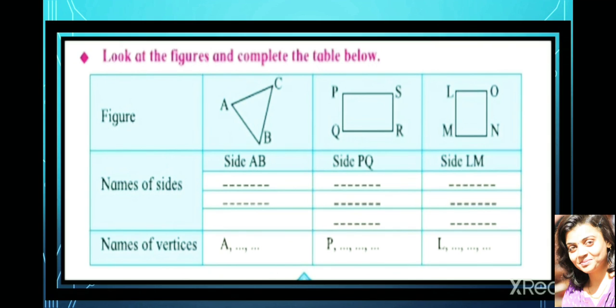And children, you have to remember that whenever you write the answer, you always need to write the word side, and then mention the name, that is side AB, side BC and then side AC. Understood? Like this you have to solve rectangle and square.